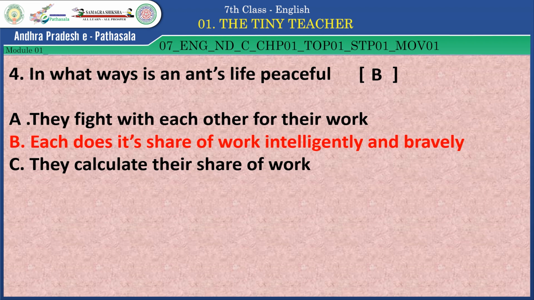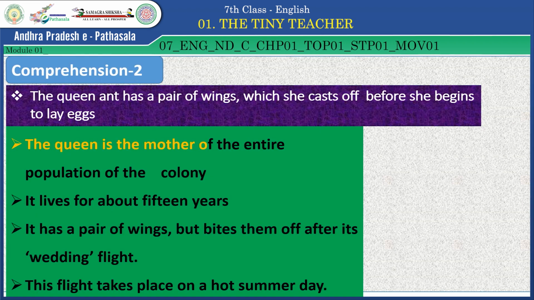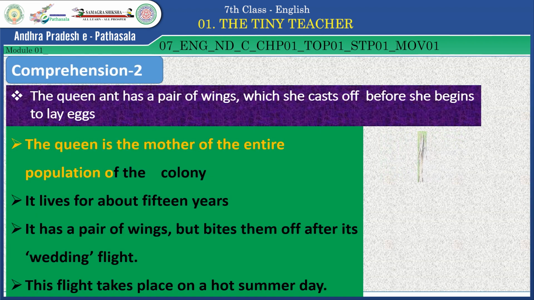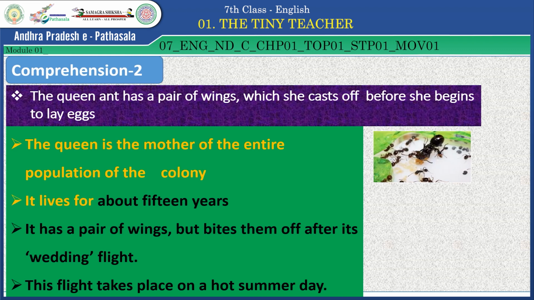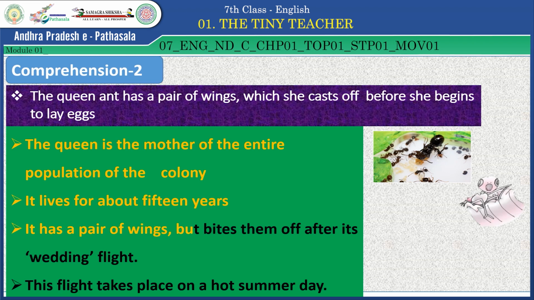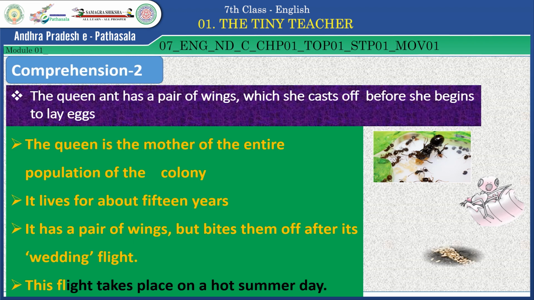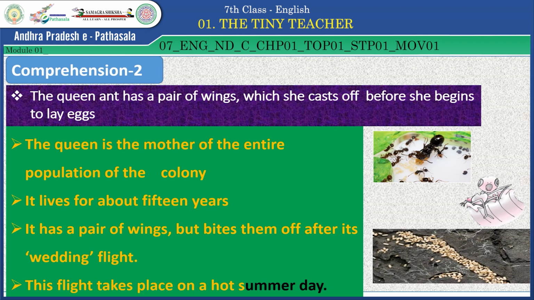Let's explore some more about ants. The queen is the mother of the entire population of the colony. It lives for about 15 years. It has a pair of wings but bites them off after its wedding flight. This flight takes place on a hot summer day.